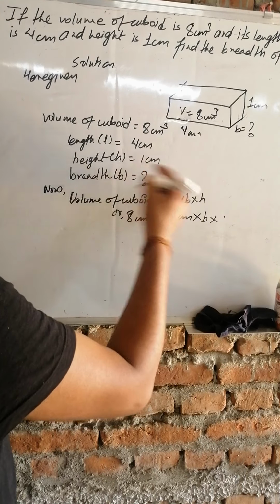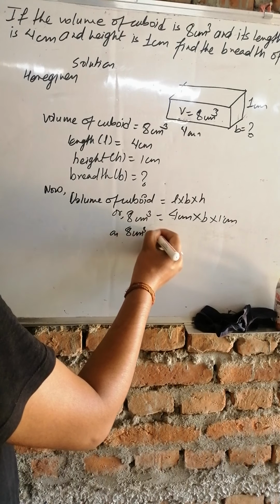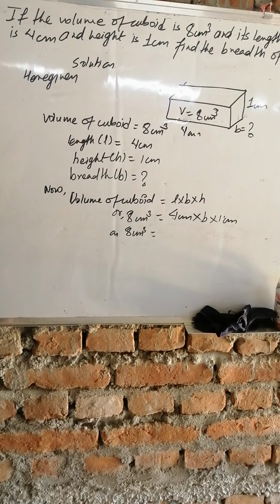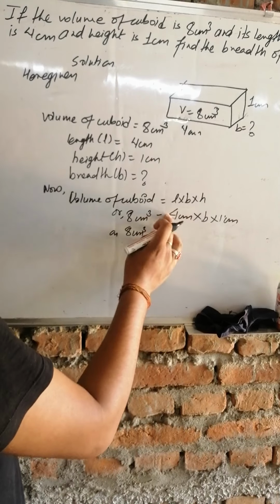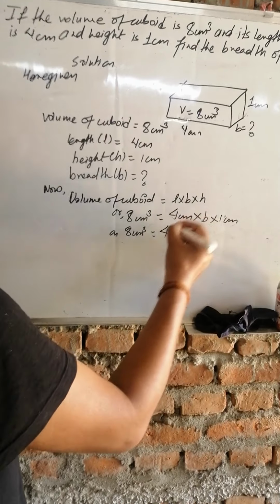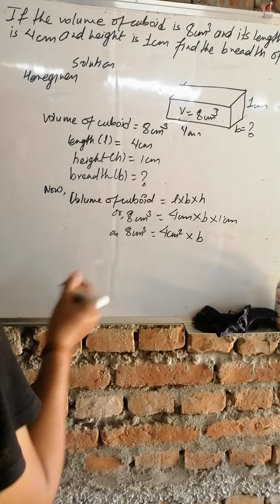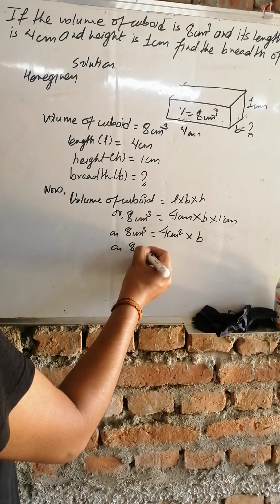So 8 centimeter cube equals: multiply these two numbers, 4 ones are 4, centimeter into centimeter, square, into B.